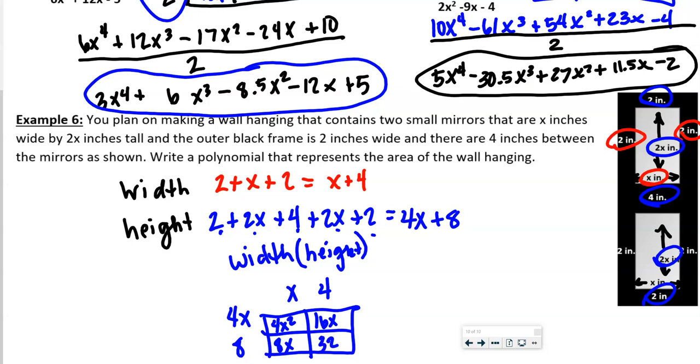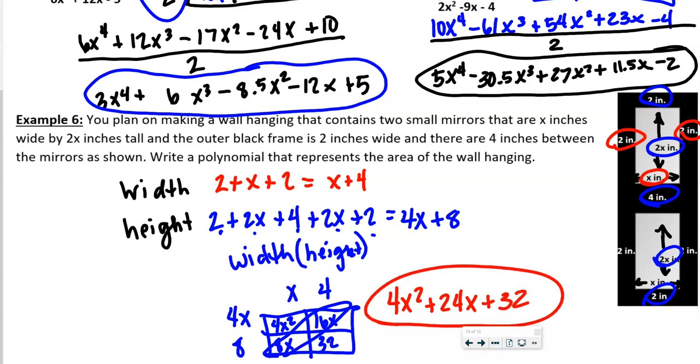Okay? You should notice that we have our like terms right there in our diagonal, right? Okay? So we got 4x squared. 16 plus 8 is 24x, and then plus our 32. So that's our answer right there for the area of that rectangle, right?